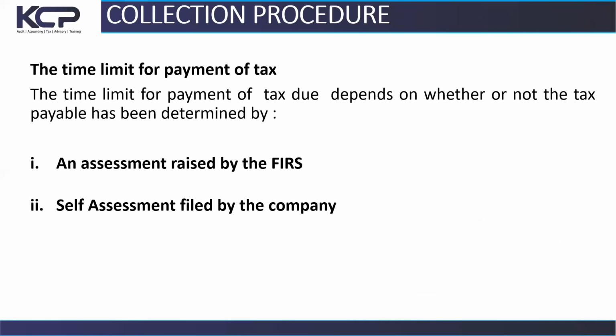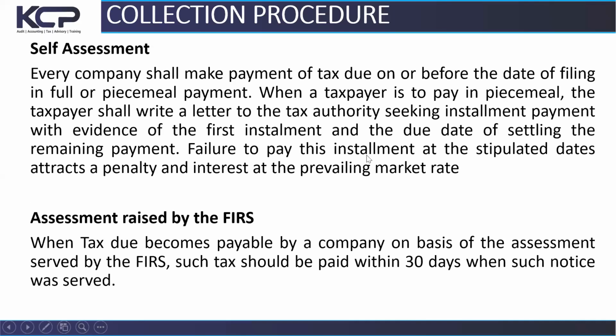Collection procedure, the time limit for payment of tax. The time limit for payment of tax depends on whether or not tax payable has been determined by an assessment raised by the FIRS or a self-assessment filed by the company. So it depends on whether the amount due to be paid is based on what you have self-assessed or what FIRS has raised on you.